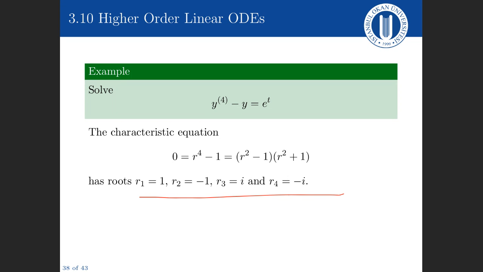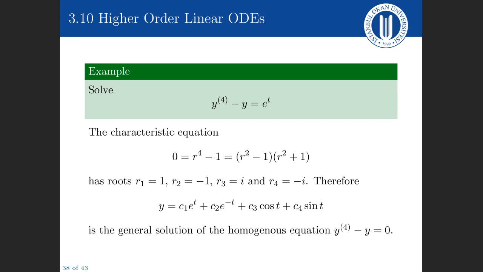The roots are 1, minus 1, i, and minus i. So the general solution to the homogeneous equation must be c1 e to the power t plus c2 e to the power minus t plus c3 cos t plus c4 sin t.